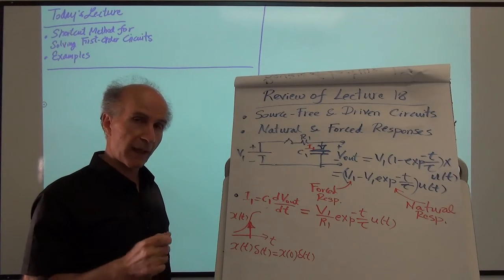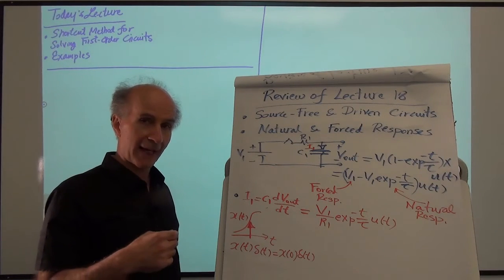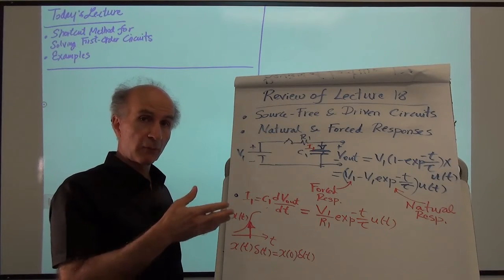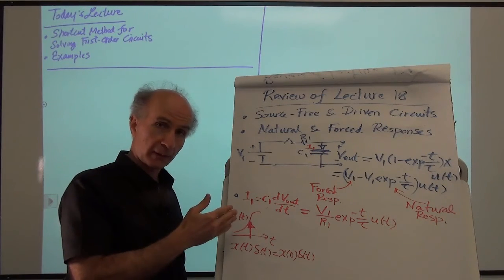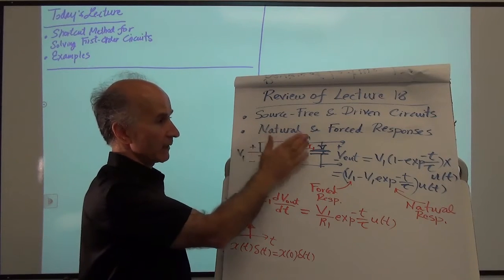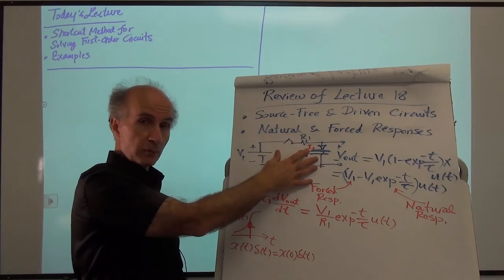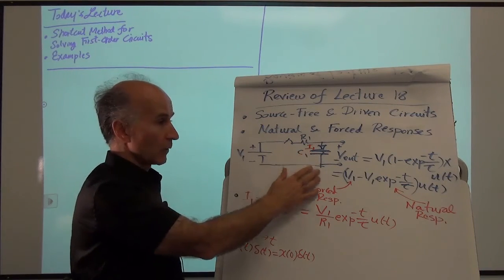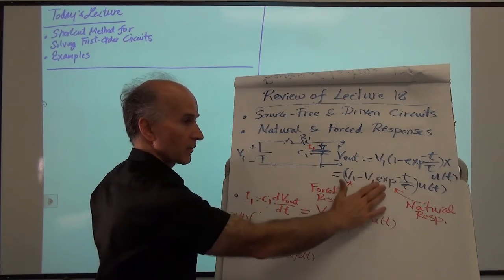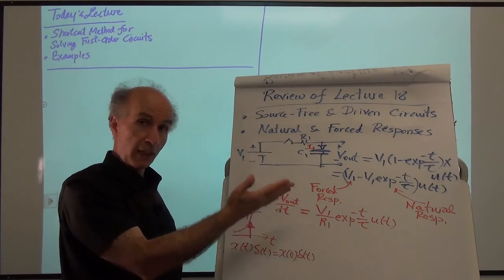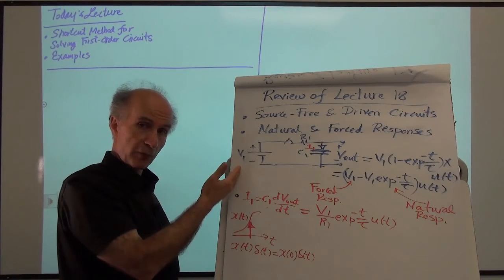So we said that the natural response is the one that has the signature that we observe for the source-free circuit. So if I didn't have this, if I had just an RC circuit with an initial condition, I know that the response would be an exponential. So I go ahead and find an exponential component here and say that's the natural response of the circuit, even though we have a forced input.